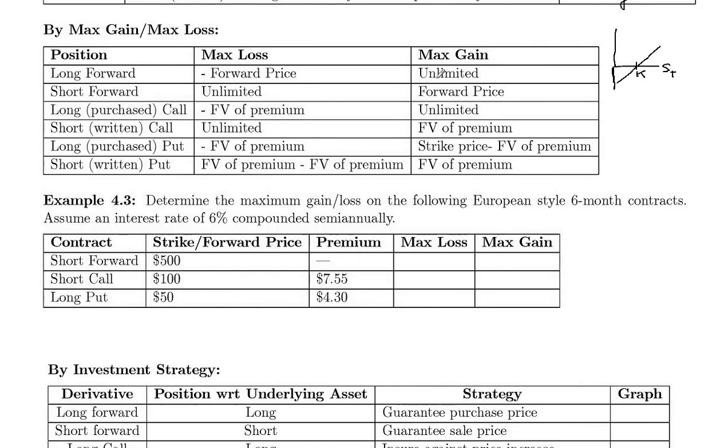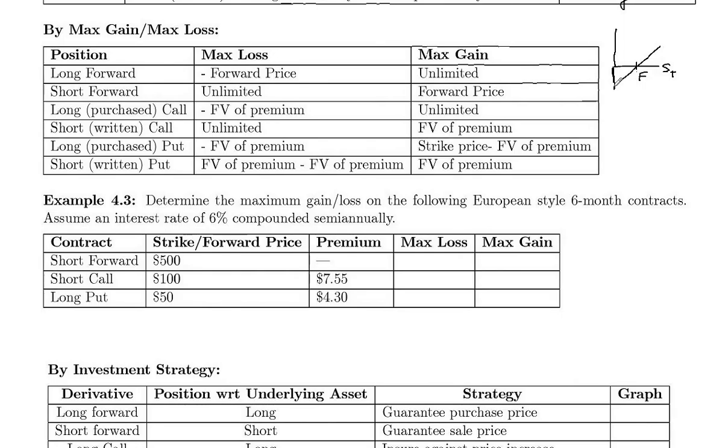So that's why this is unlimited. This is max gain. But your maximum loss here is actually going to be the forward price, or, oh, I'm sorry, actually this should be F, not K. That should be the forward price, not strike price. Strike is for option, and F is for forward contracts.